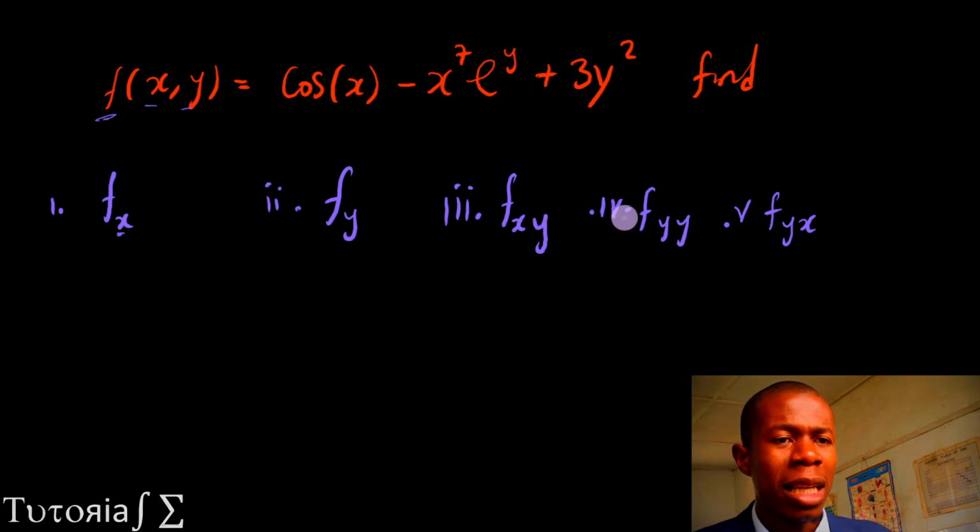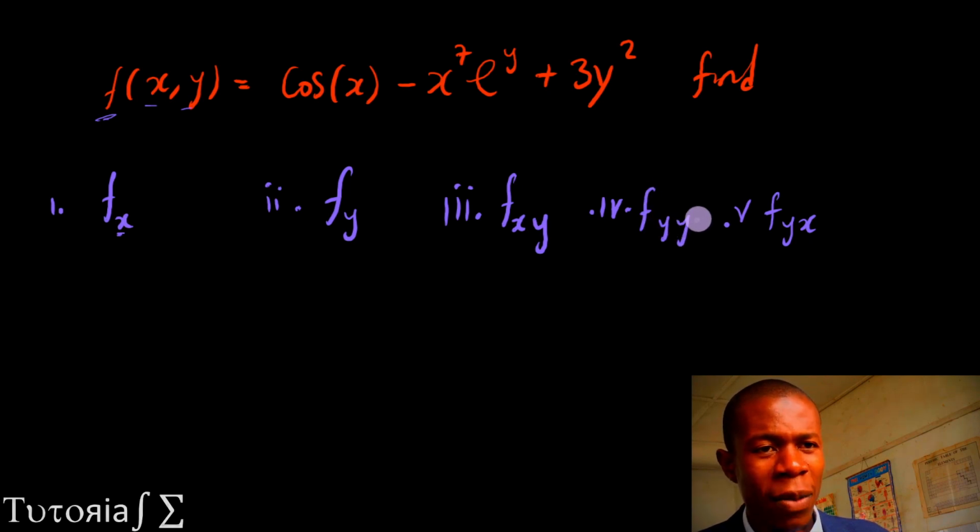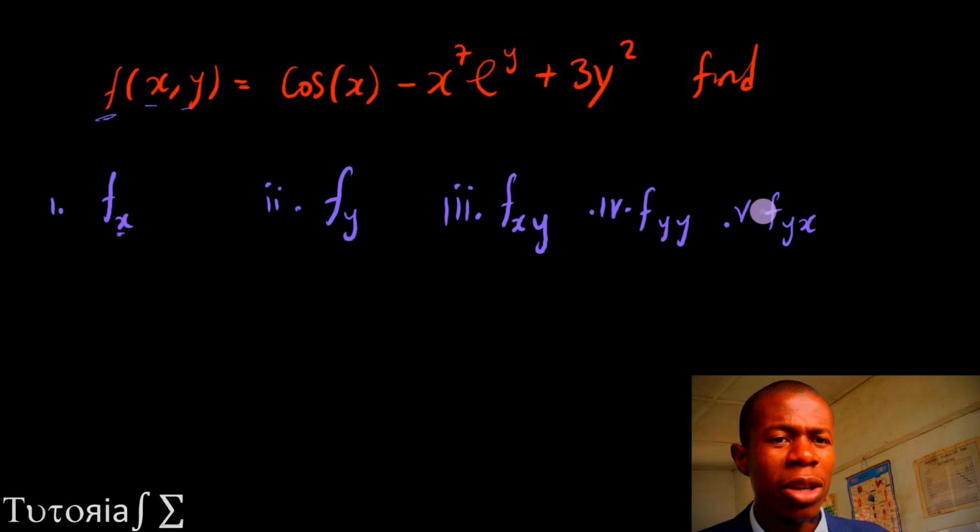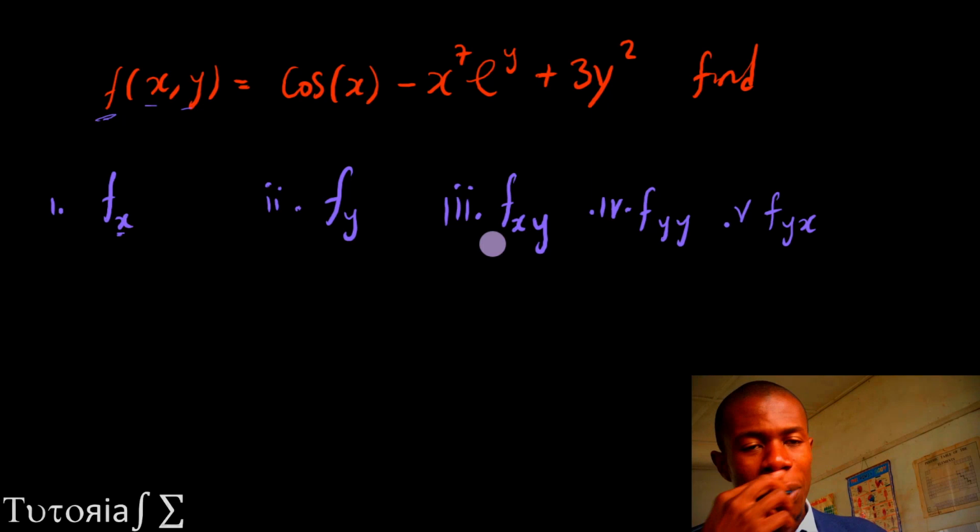Then here, you're differentiating f with respect to y, then the answer you get, you differentiate with respect to y again. Then here you're differentiating f with respect to y, then the answer you get, you differentiate with respect to x. So these two are different. I hope you follow through.